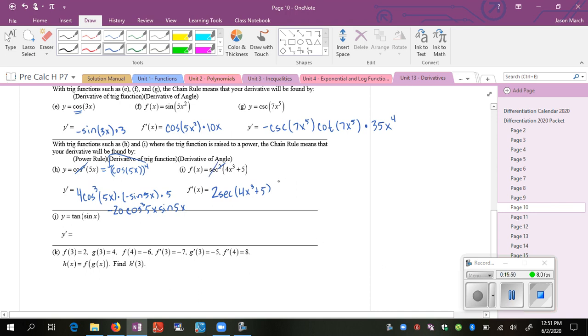The derivative of the secant is secant tangent, so we have times secant of stuff tangent of stuff. And then the last link of the chain is multiplying by the derivative of what's on the inside of the parentheses, which is the 4x cubed plus 5. So that's 12x squared.